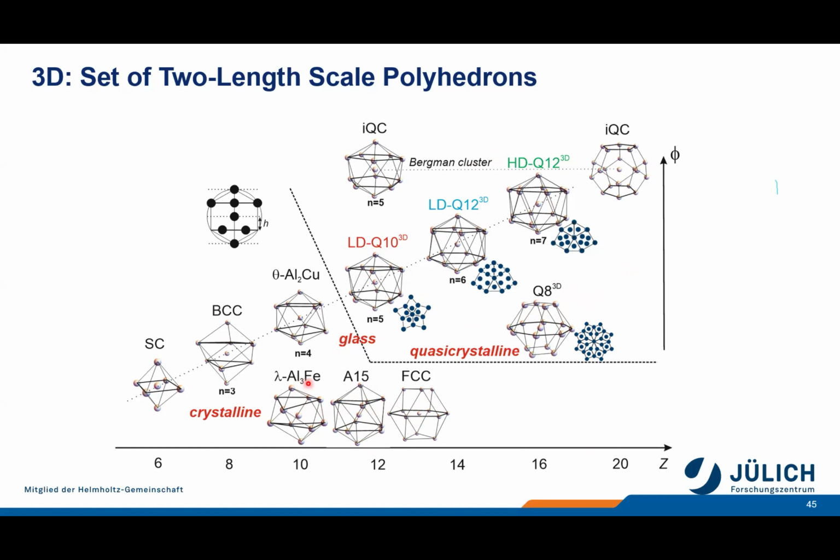And a funny aluminum iron phase would be this example for coordination number 10 with N equal to 4. This is theta aluminum copper. This is the version of this bipyramids with N equal to 4. So this would be a staggered square around a central particle. And you could continue this, then a BCC would be the special case N equal to 3.